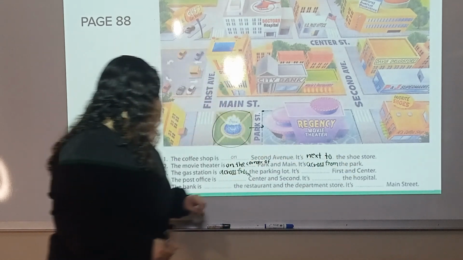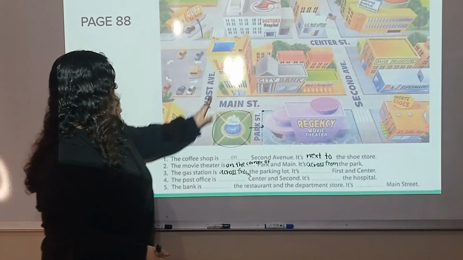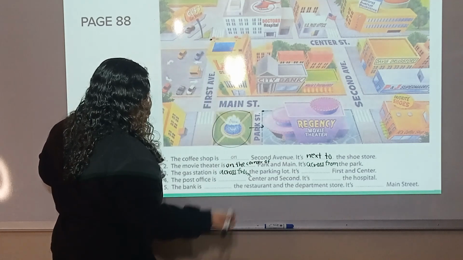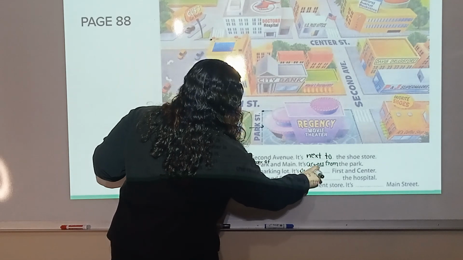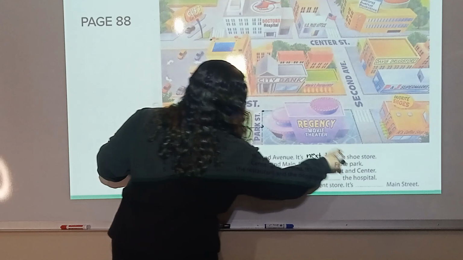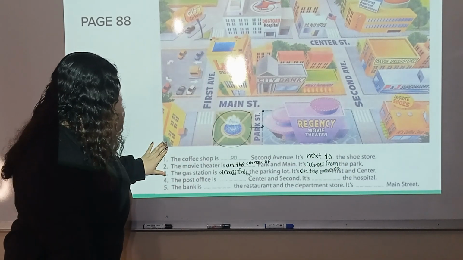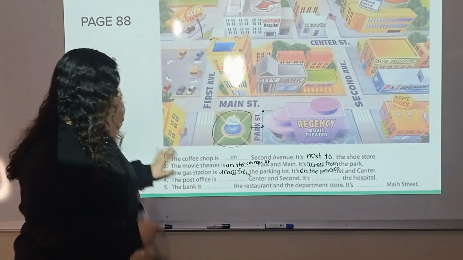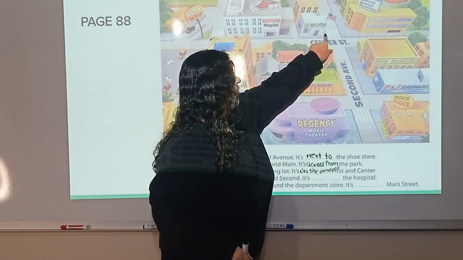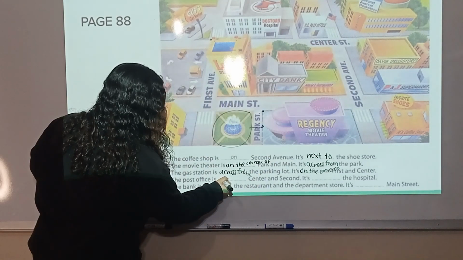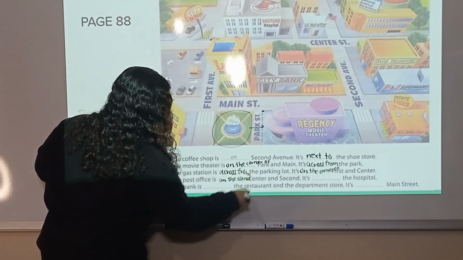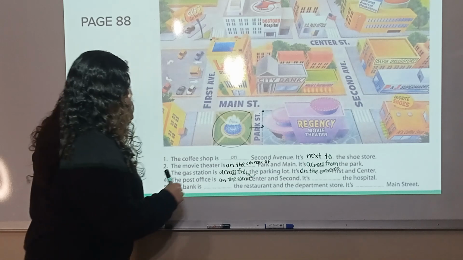It's First and Center. So the gas station, in reference to First and Center, is right on the corner of First and Center. Then on number 4, we have the post office. And in reference to Center and 2nd Avenue, it is right on the corner of Center and 2nd Avenue.